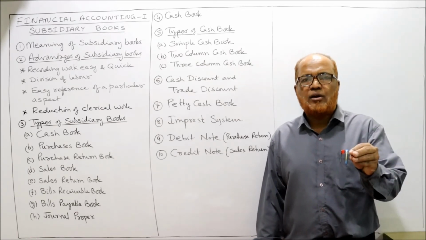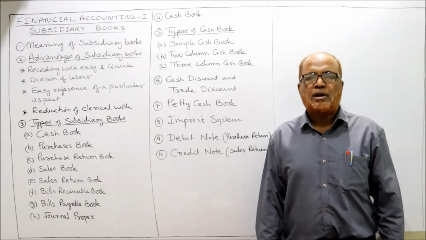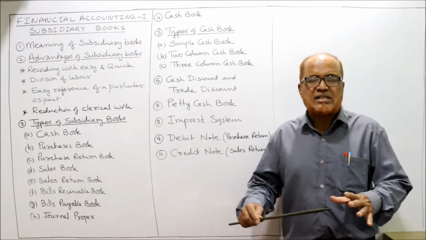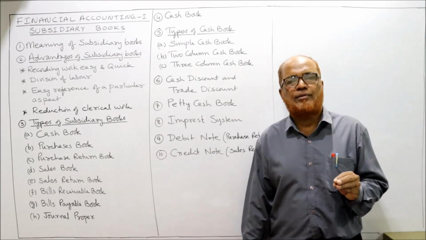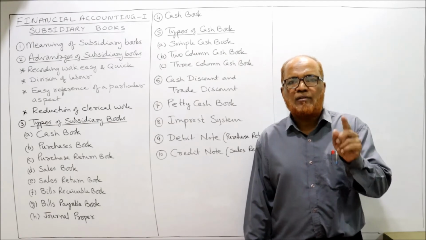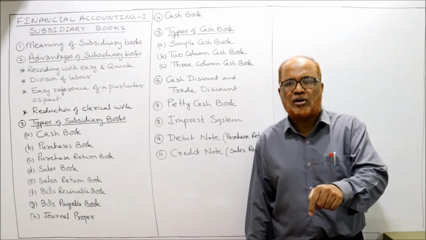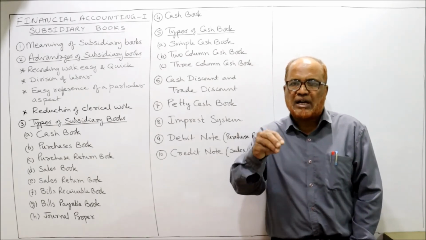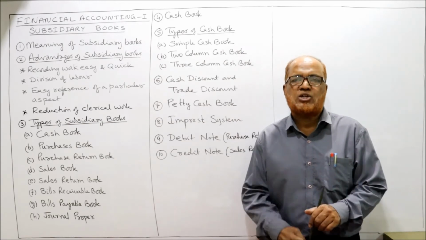So this 500 rupees will be handed over by the head cashier to the petty cashier. From past experience, we have estimated that normally we require 500 rupees. So at the beginning of the month, on 1st January, suppose the head cashier has paid 500 rupees to the petty cashier. From that 500 rupees, every day petty expenses are paid by the petty cashier.